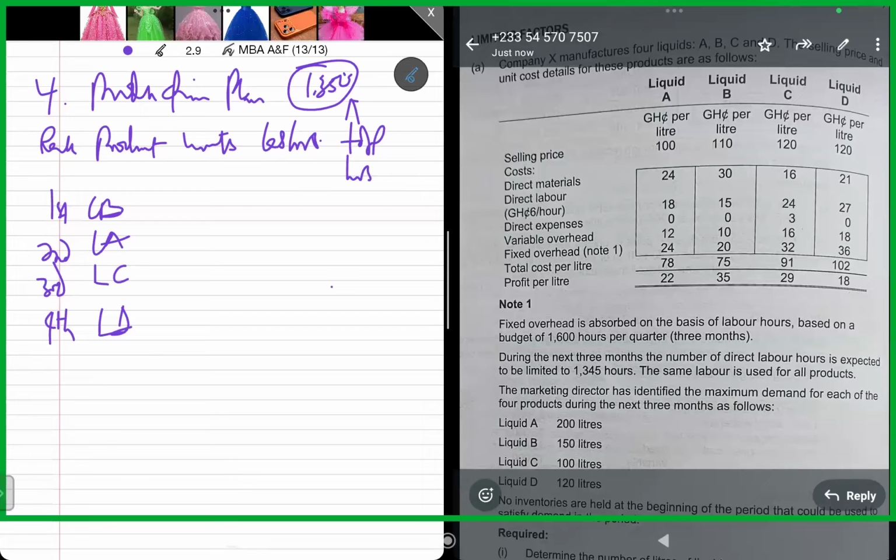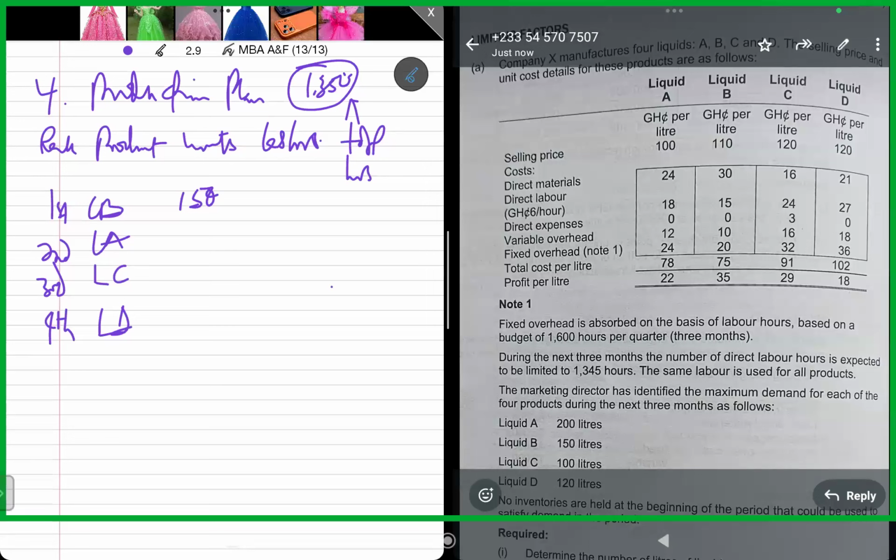From the question, is the first one. So how many do we need to produce? 150. Okay. So mostly, if it is the first, we'll produce everything, mostly. Are you getting it? If it's the first, everything must be produced because the number of labor hours are more.